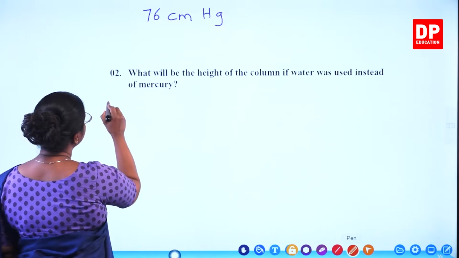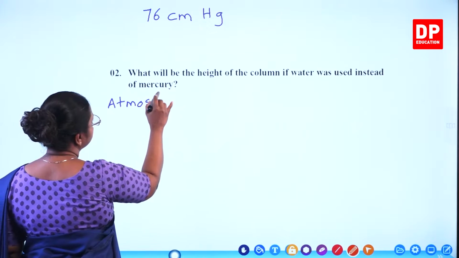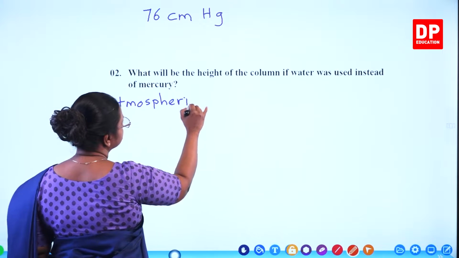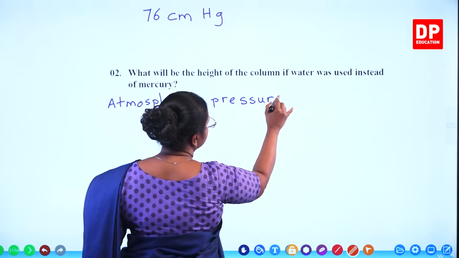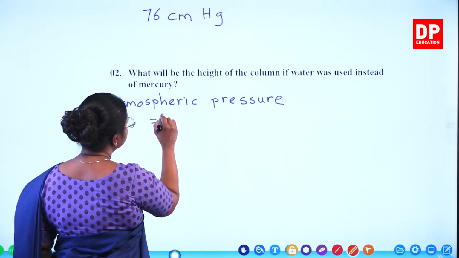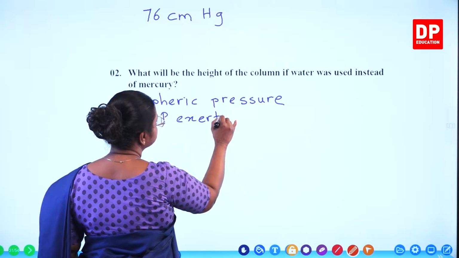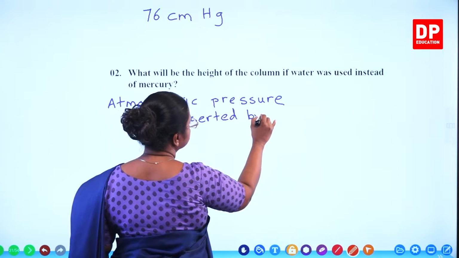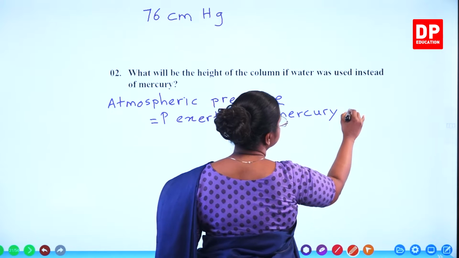Atmospheric pressure is equal to pressure exerted by mercury column.